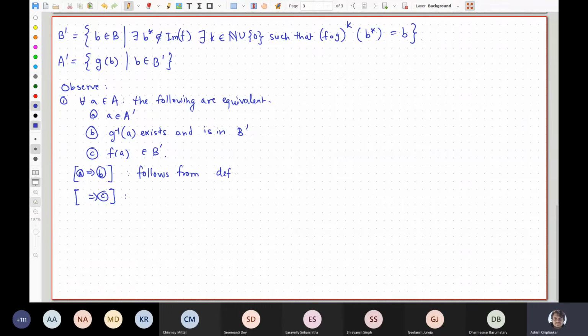Let's prove B implies C. So G inverse of A exists and is in B prime.